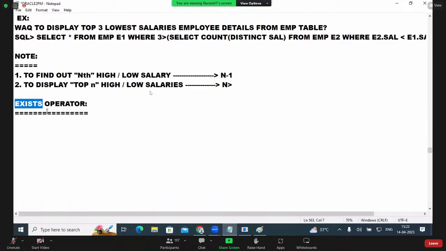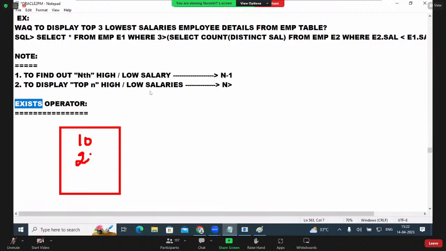Now, with this operator, what I can do is check whether my required row exists. For example, this is my table. I have some rows: 30, 40, so some rows are there. Suppose my required row is 10. I want to check whether this row 10 exists in my table or not.